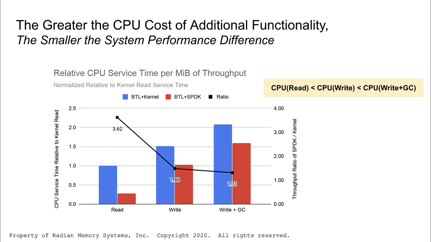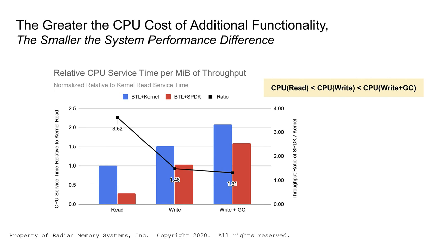We varied the functions that BTL was performing by varying not only read versus write, but also write in a fresh state before any GC versus write in a preconditioned state with GC occurring. So the effect there is more than just the additional I/O, which can be computed by knowing the write amplification. The nature of the work the CPU does during GC is different per I/O and costs more.